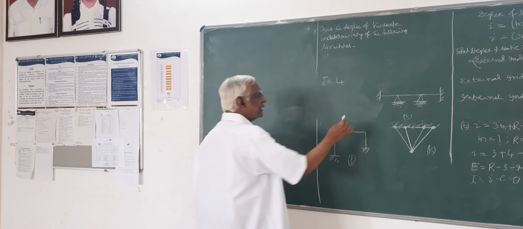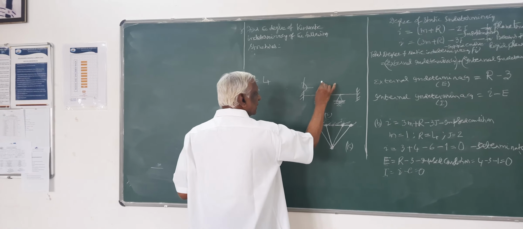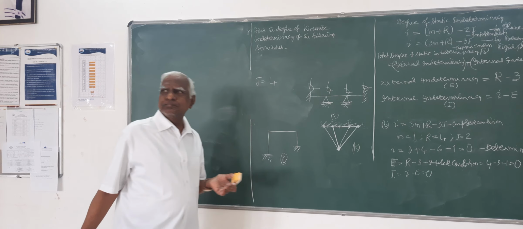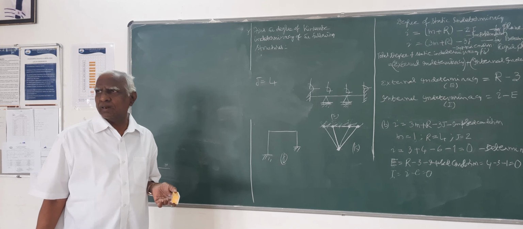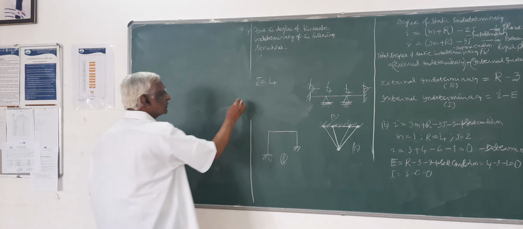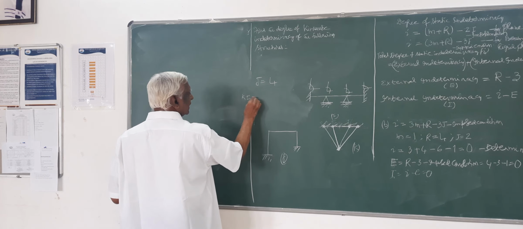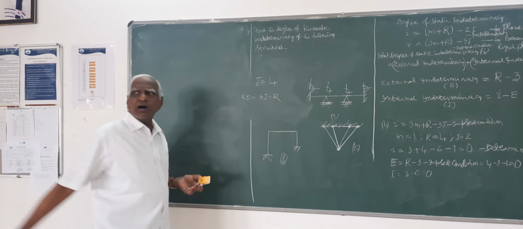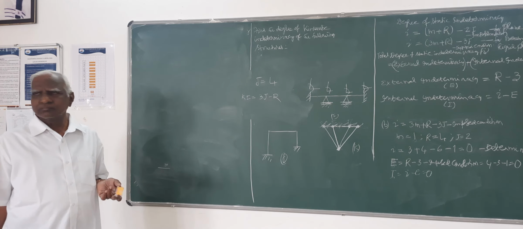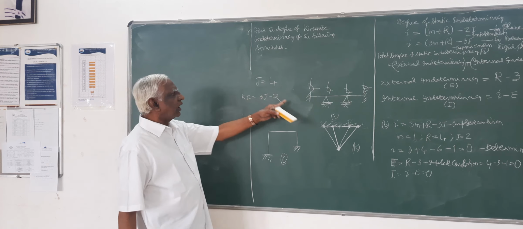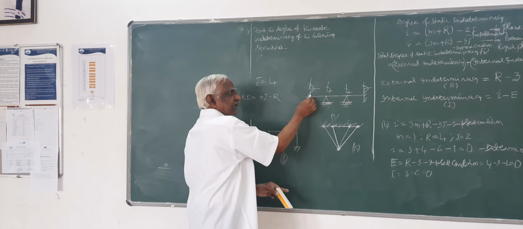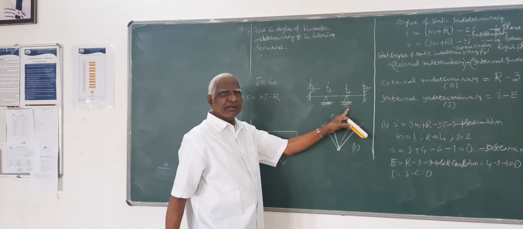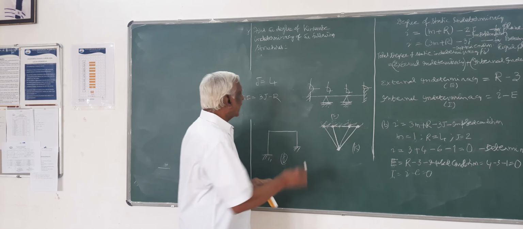At each joint, strictly speaking, there will be 3 displacements possible, similar to a rigid plane frame. So kinematic indeterminacy is 3J minus R. R here is 3 reactions, here 1, 4, 1, 5, 3, 8.